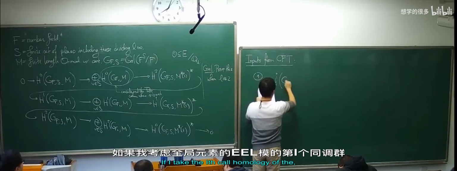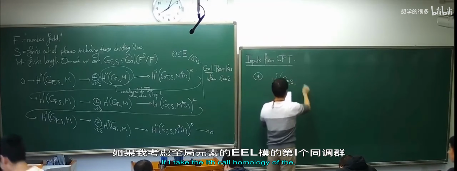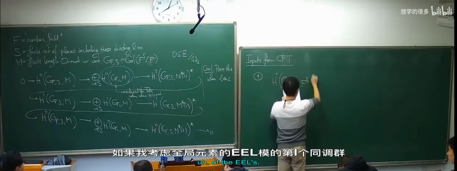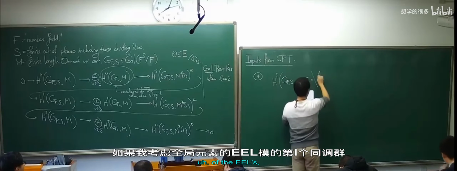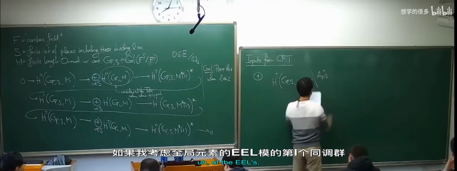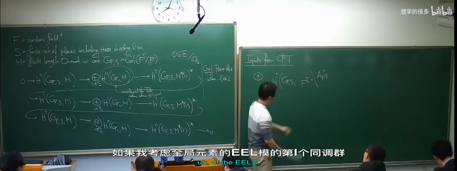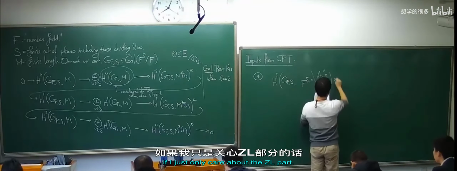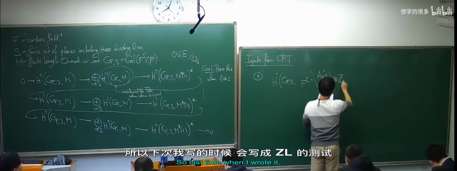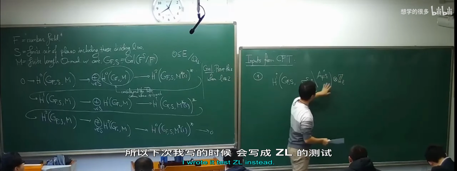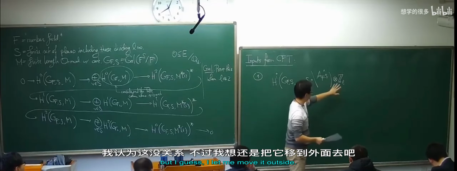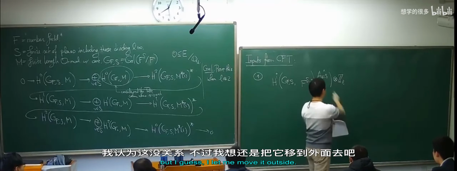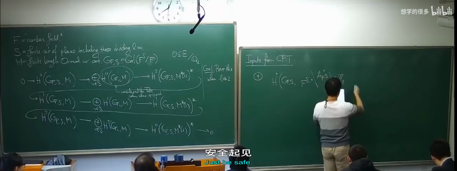If I take the ith cohomology of the ELs modulo the global elements, if I only care about the Z_L part. Last time when I wrote it, I wrote the tilde Z_L inside. I think it doesn't matter, but let me move it outside, just to be safe.